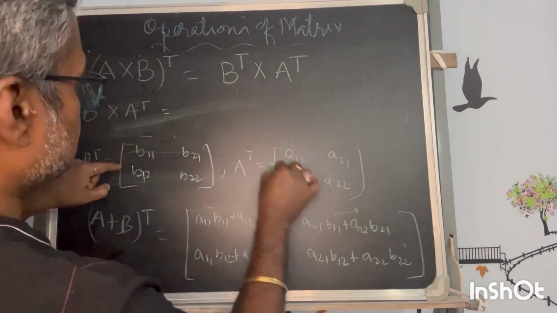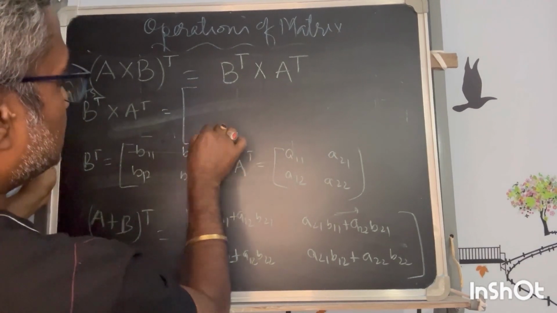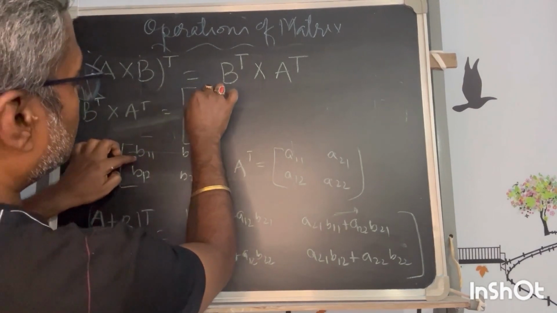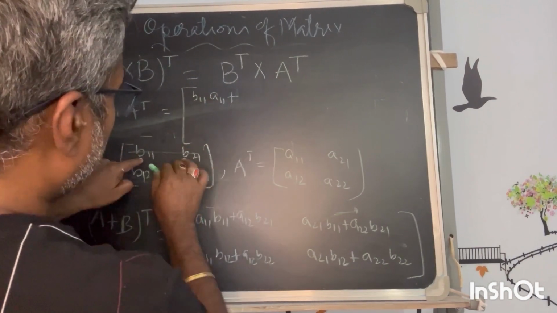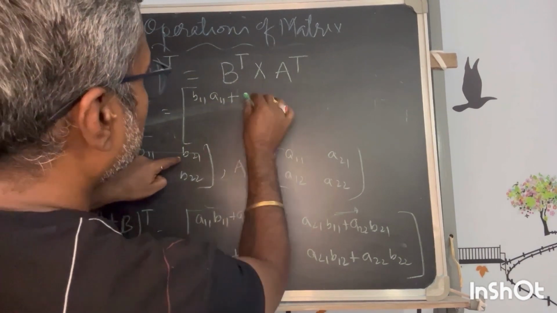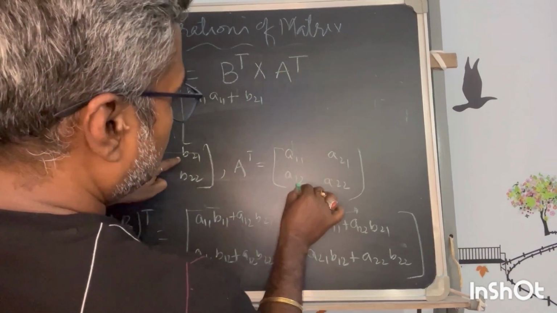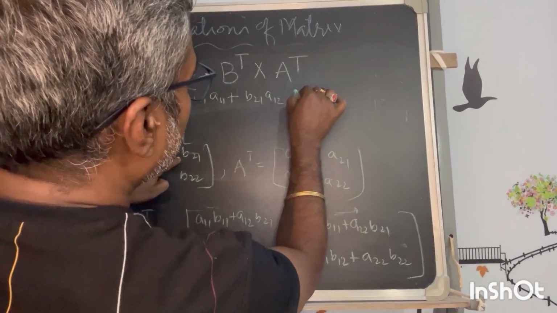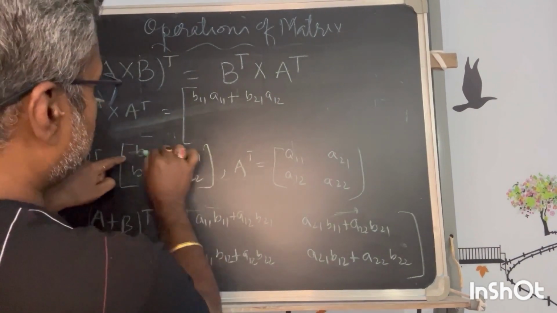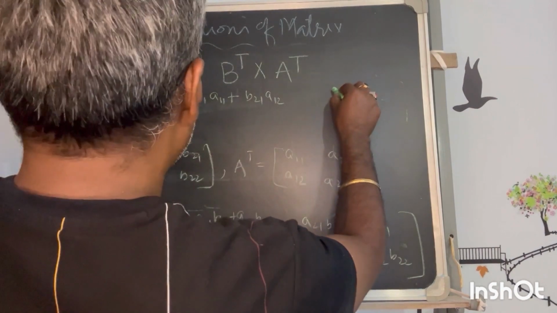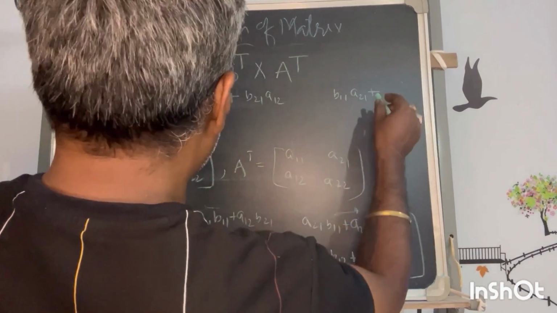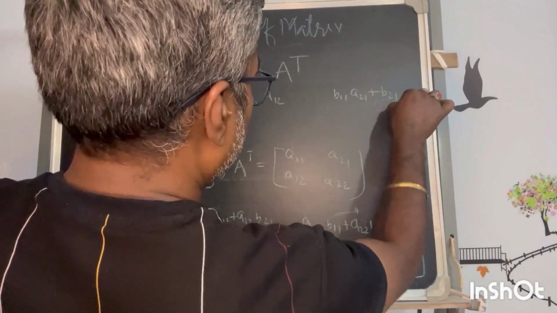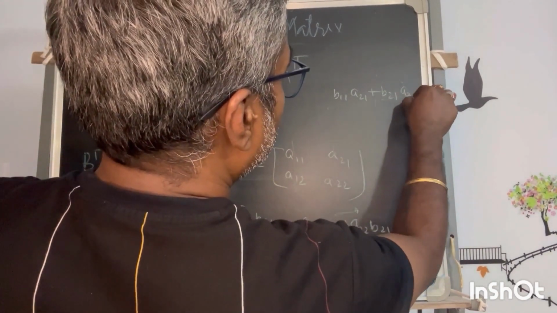This by this. So I am just writing the term B11 A11 plus B21 A12. Okay, now next is this into this, B11 A21 plus B21 A22.